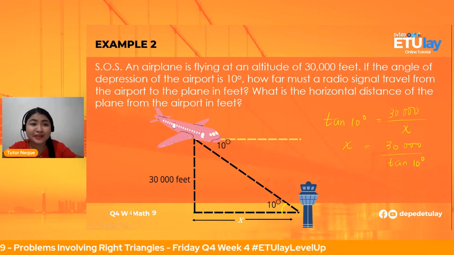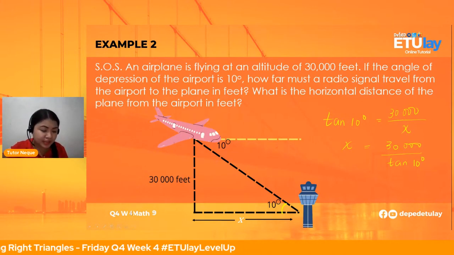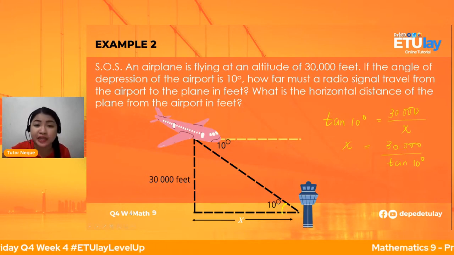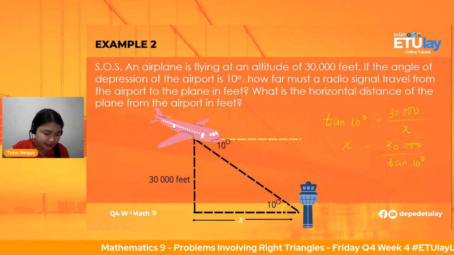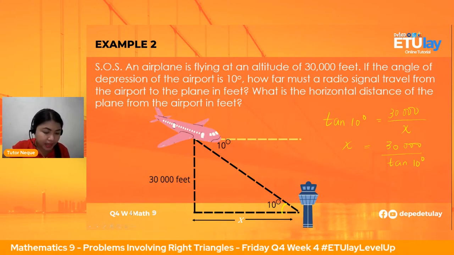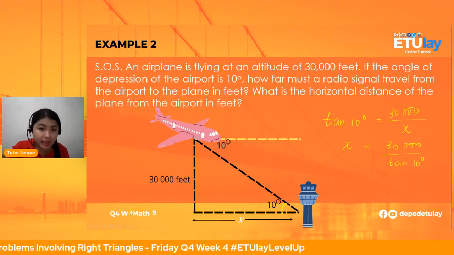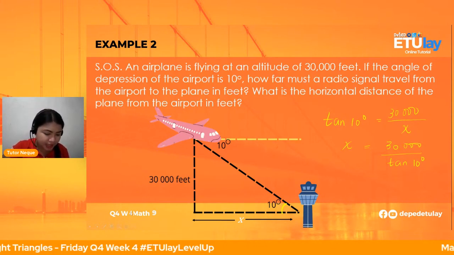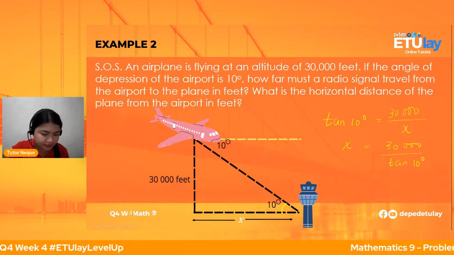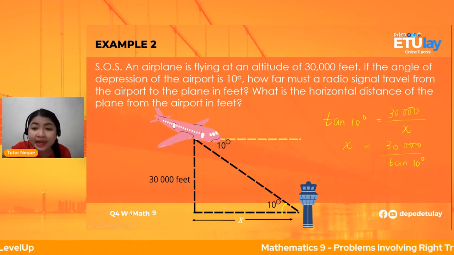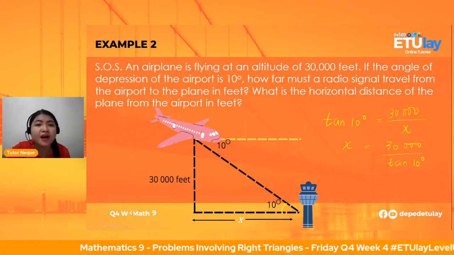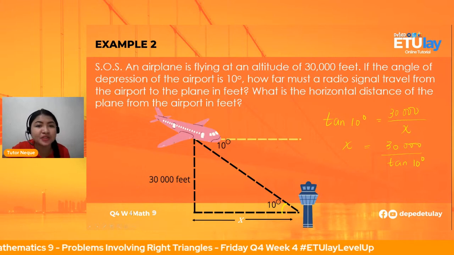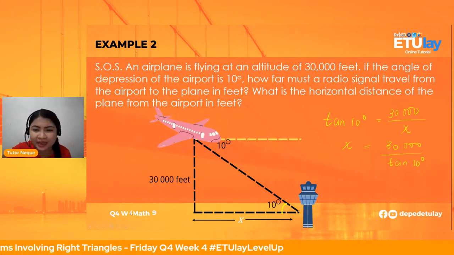So using our calculator, kahit yung mga built-in cellphone nyo, no, meron na po tayong calculator. We just simply divide 30,000 divided by tangent 10. Ayan, tangent 10 degrees. So the answer is, tignan nga natin sa ating mga comment section. How far must a radio signal travel? Okay.